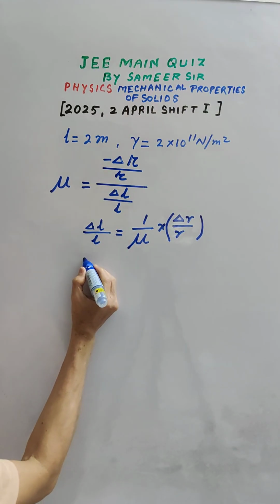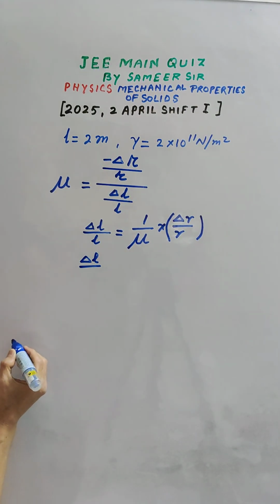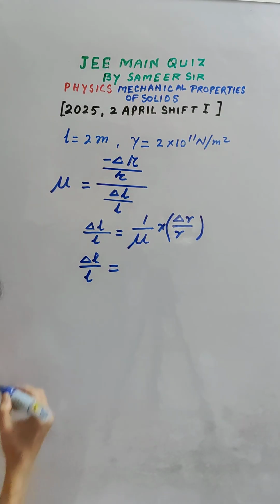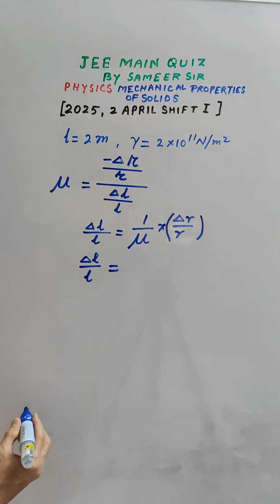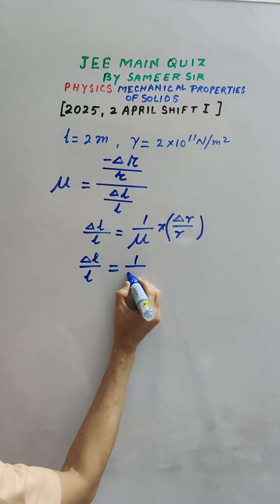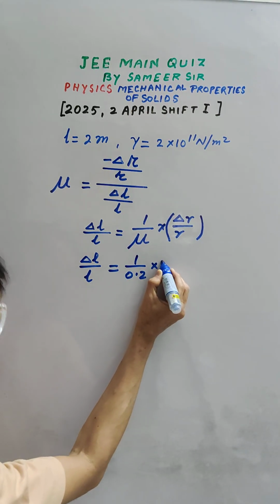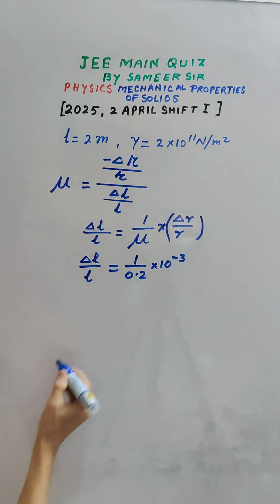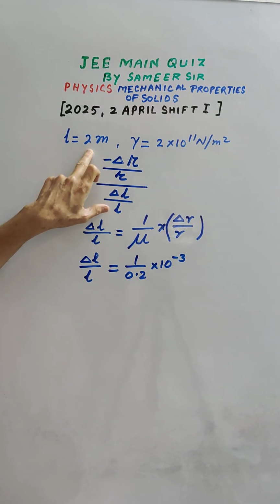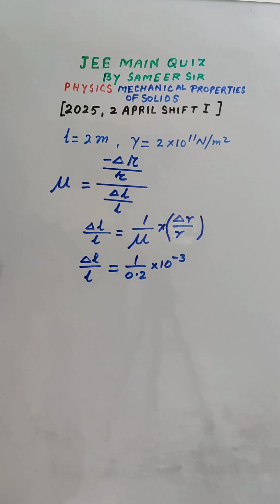This is delta L upon L is equal to 1 upon mu, that is 0.2 into 10⁻¹ upon 0.2 into 10⁻³, since this is 2 meter, so converting 2 meter into centimeters.